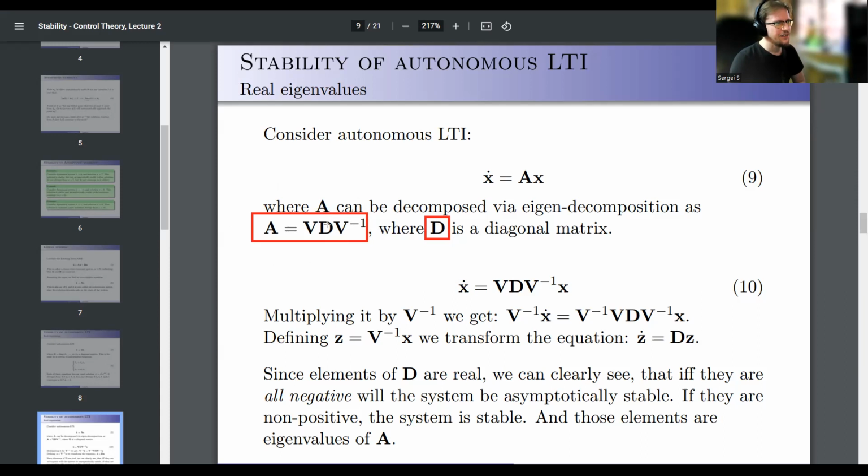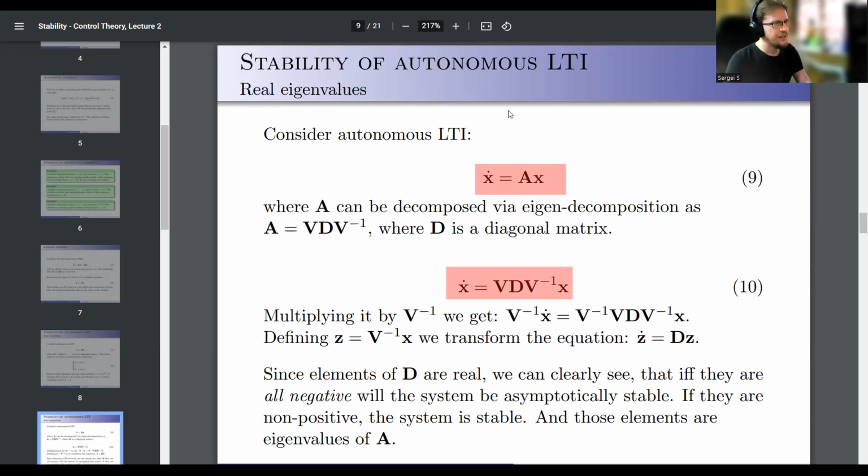So we just assume that A has this decomposition. We narrow the search towards those matrices. If this is true, then we can rewrite this guy like this.